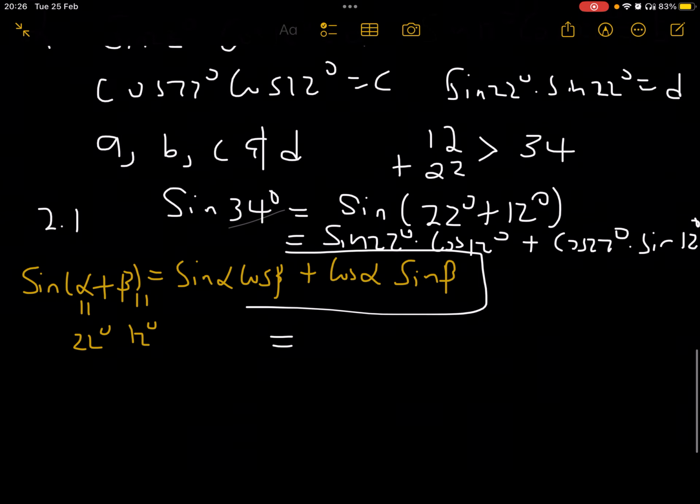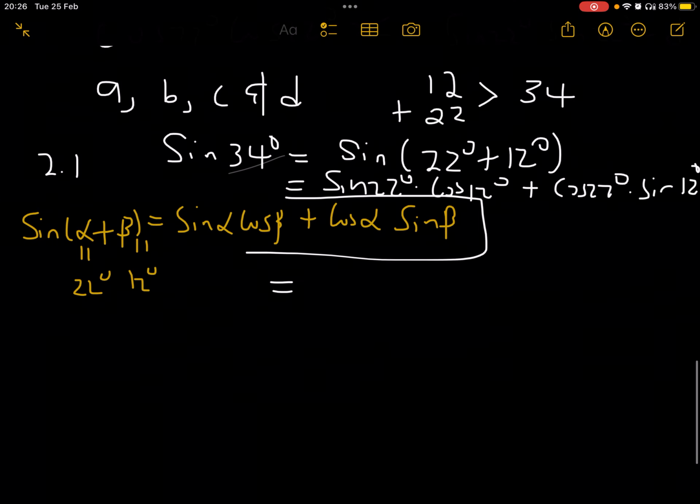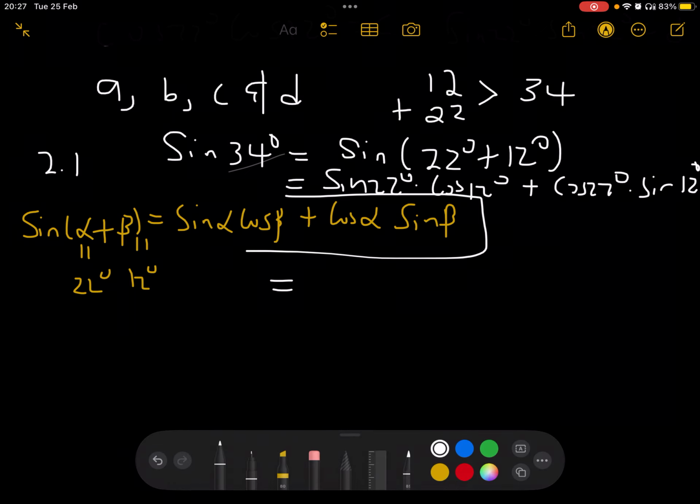So this means that we need to rearrange what's on the right here. We must rearrange that so that it fits. So this is sine 22 degrees cos 12 degrees plus.